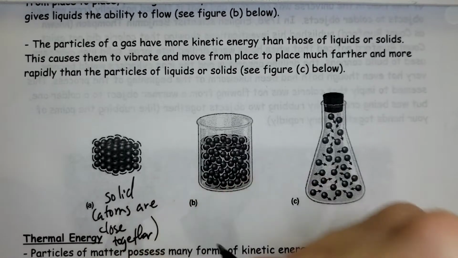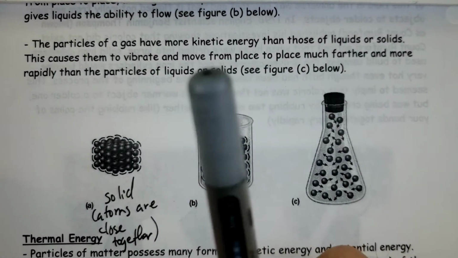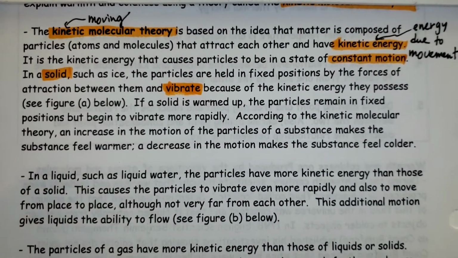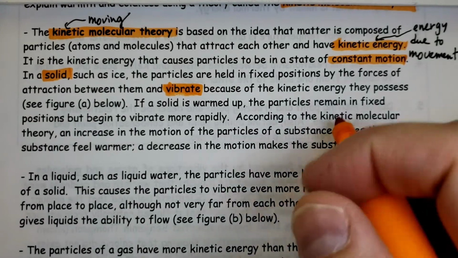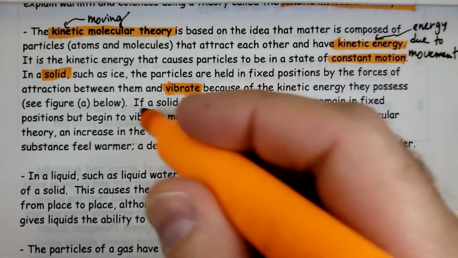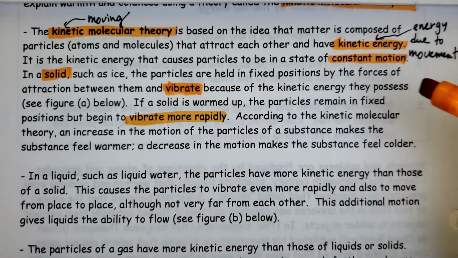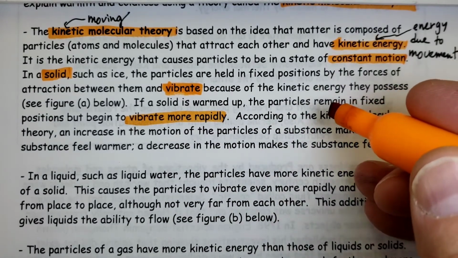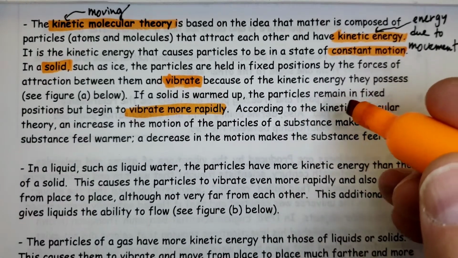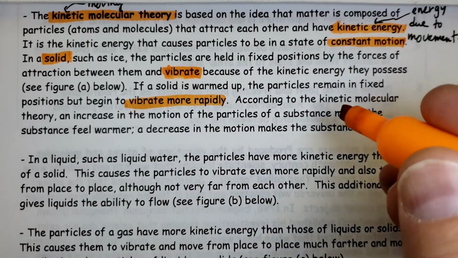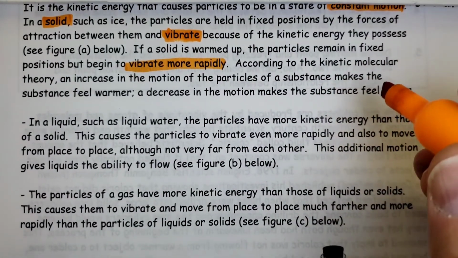So there isn't a lot of movement allowed. They just simply vibrate. If a solid is warmed up, the particles remain somewhat fixed but vibrate more rapidly. According to kinetic molecular theory, an increase in the motion of the molecules makes the substance feel warmer. A decrease in motion makes it feel colder.